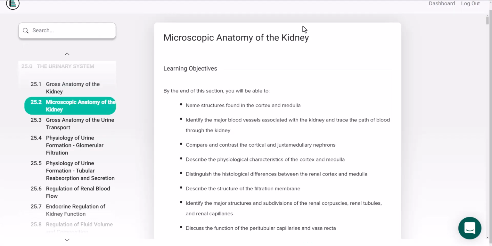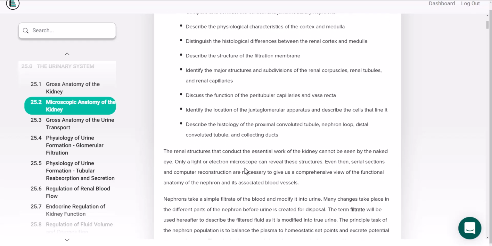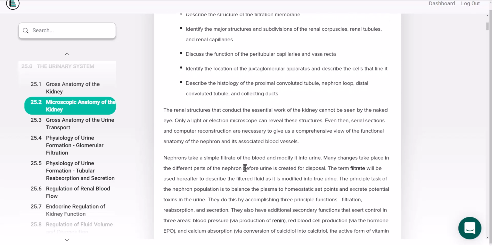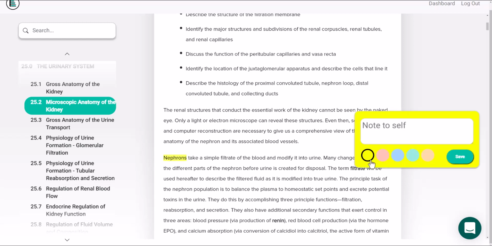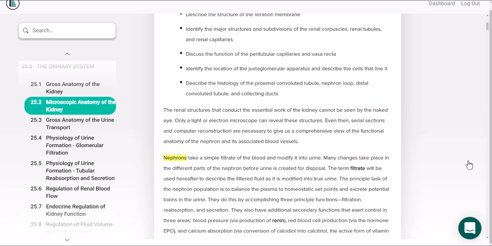Okay, let's take a look at the microscopic anatomy of the kidney, and this is the area where you're going to spend a little bit more time really focusing in on what is going on in the kidney and what structures are involved. So within the kidney, you're going to see a lot of units called nephrons. Nephrons are the functional unit of the kidney, and the nephron includes the filtering units and the tubing in which the filtrate is modified.